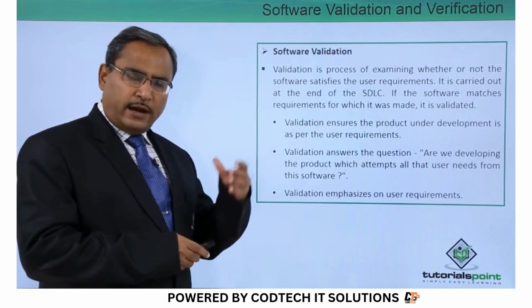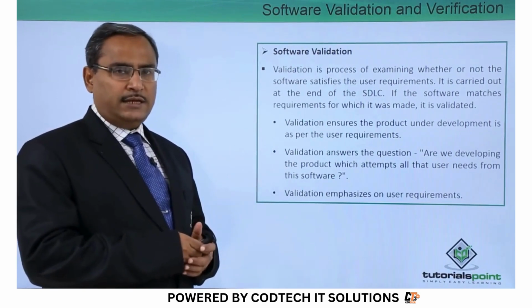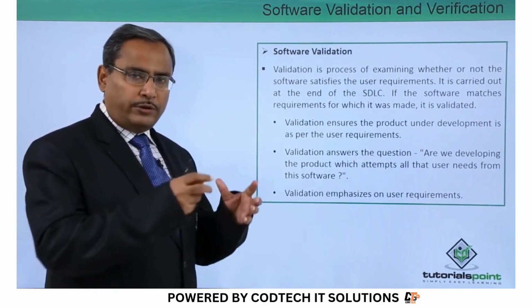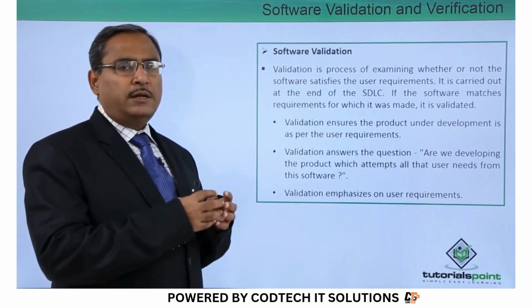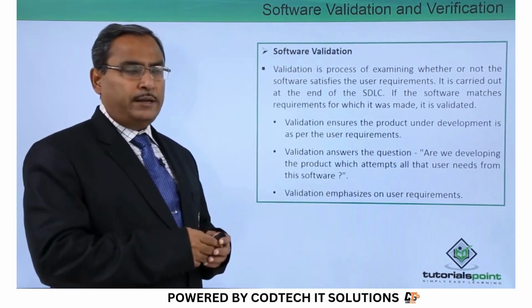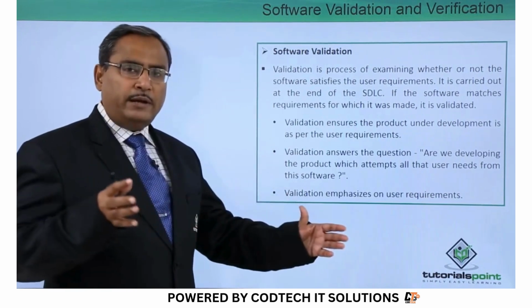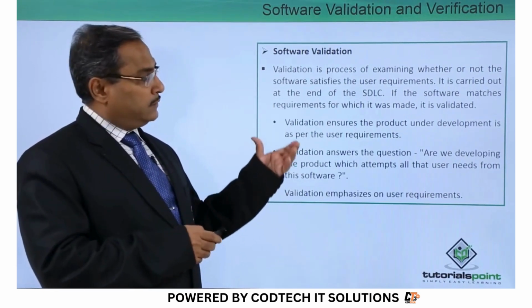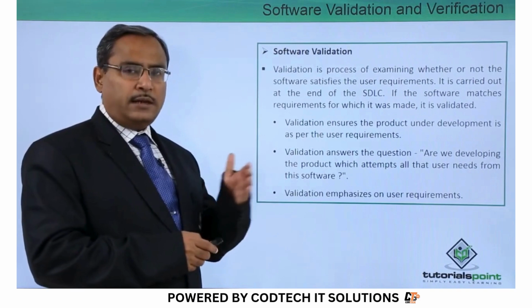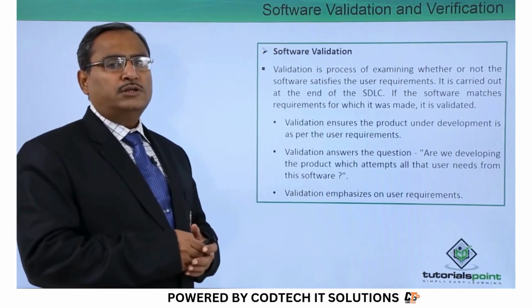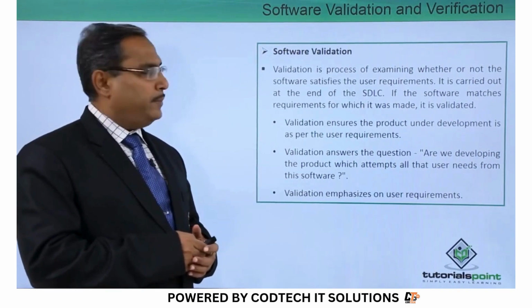You know that at the very early stage of the SDLC, we usually gather all the requirements from the users, from the stakeholders in the problem domain, and from there we make a requirement list. After getting that requirement list, we have certain other phases, and then we go for the software development and the respective implementation.